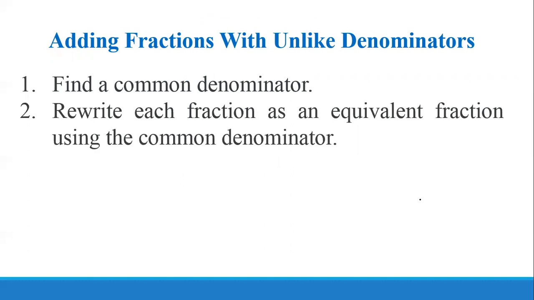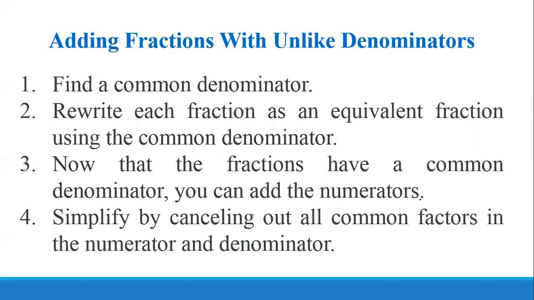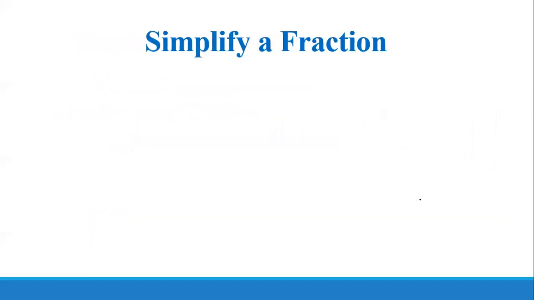Rewrite each fraction as an equivalent fraction using the common denominator. And so now that you have the fractions that have a common denominator, you can add the numerators and simplify by canceling out all common factors in the numerator and denominator.